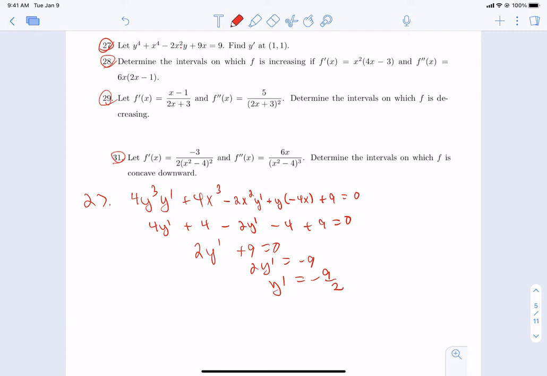I have my first derivative up on the board if you want to check what you got compared to what I got. This part right here is my product rule. I highlighted my product rule in yellow.